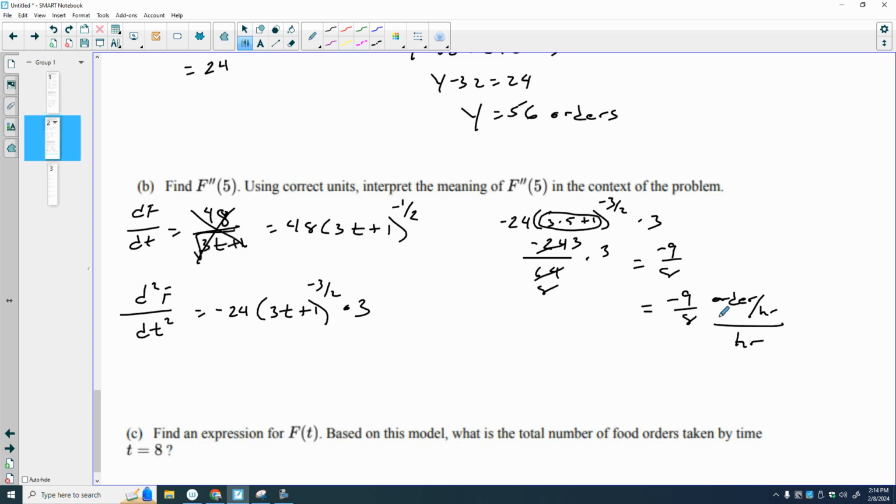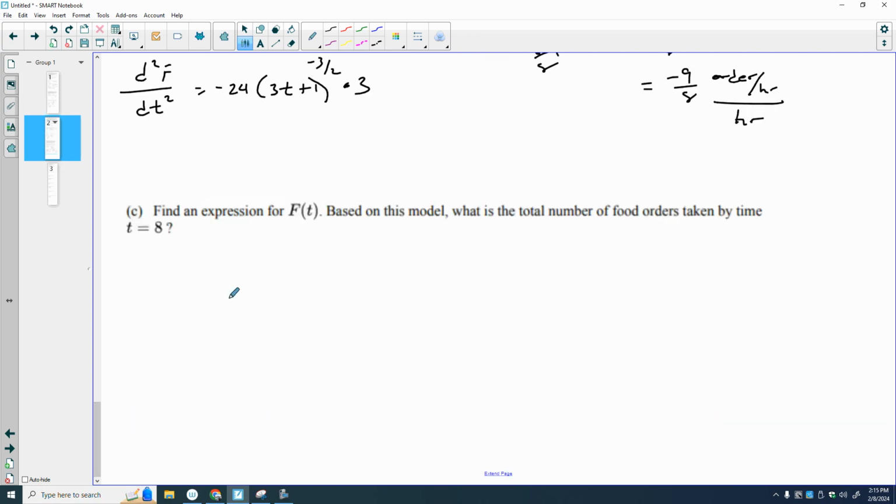The rate at which the orders is changing, the rate at which the rate is changing, is negative 9 over 8. You gotta be careful on that. The rate at which the number of orders is being taken is changing by negative 9/8 orders per hour every hour. Yeah, be careful on your verbiage.